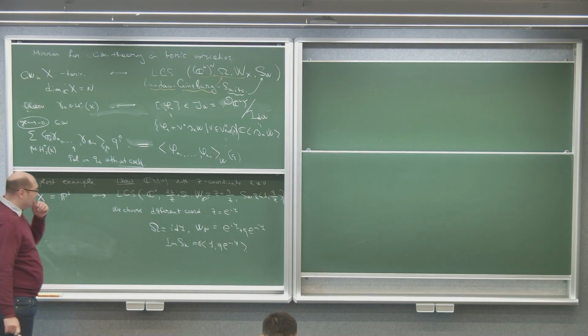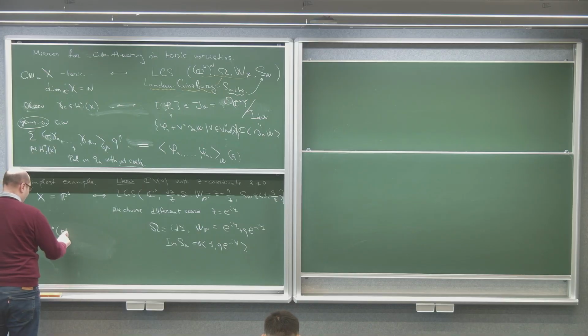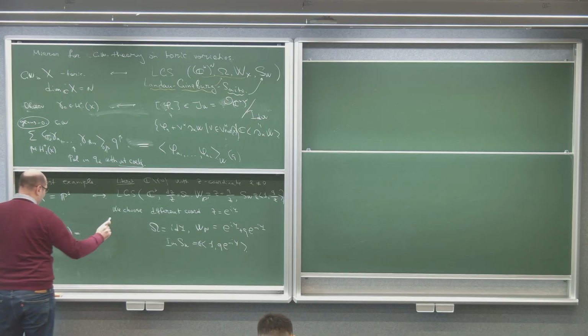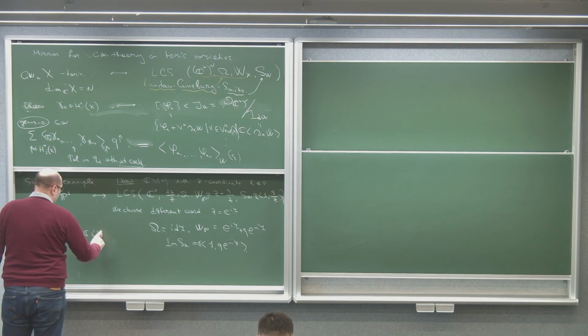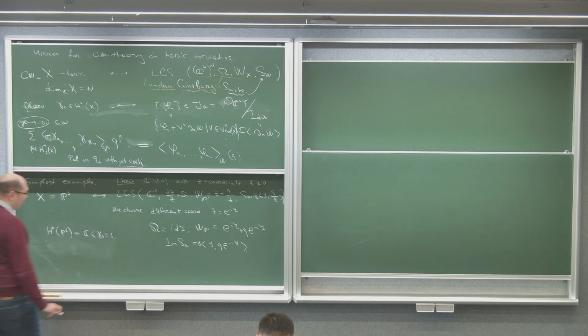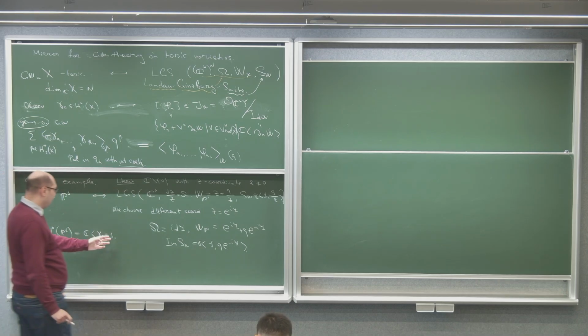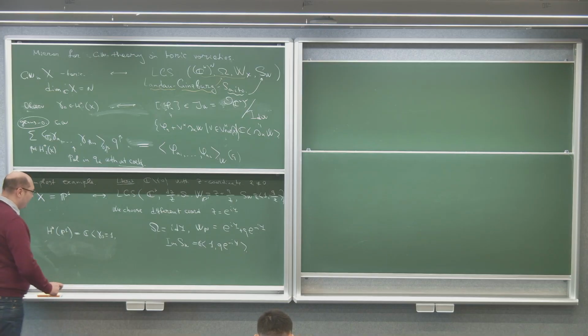Let's go back to our simplest example. Here H star of P1 is generated by two generators. One is gamma naught, which is just the constant form, so we can choose a representative which is identity everywhere.